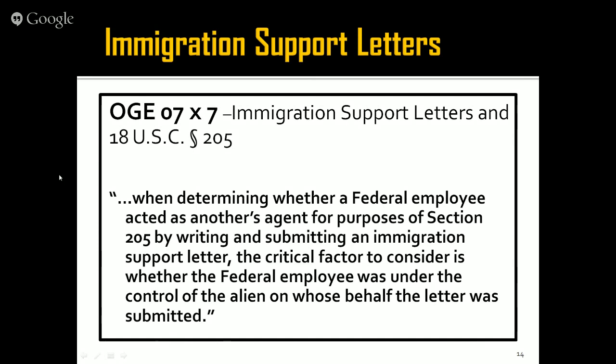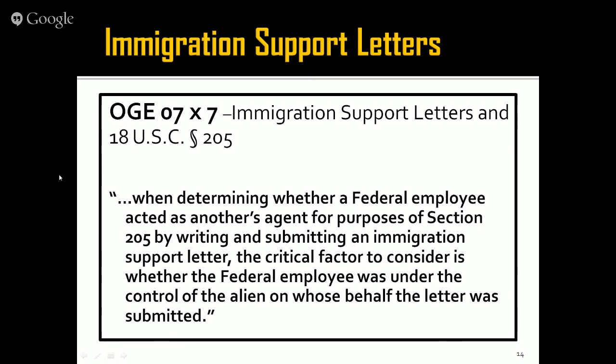Right. And OGE's opinion in 07 is based upon an Office of Legal Counsel opinion, which basically said that typically whenever you're engaging in writing something of the ilk of a character reference, where you are opining on the qualities and character of an individual, that is fundamentally a self-representational act.